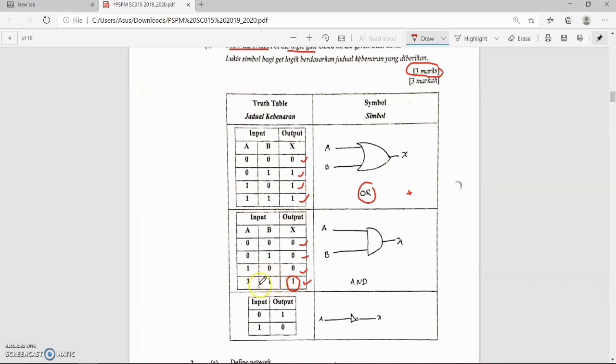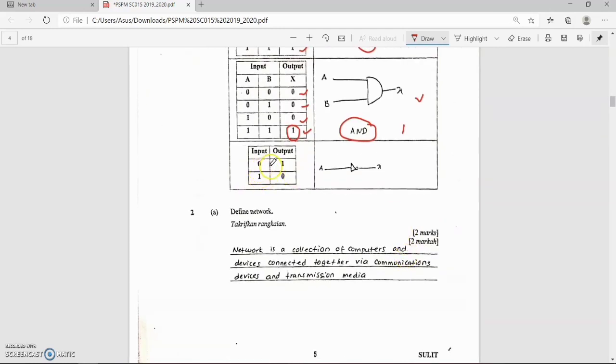I repeat again, it produces true only when all inputs are true. Okay, so this one is AND gate. So draw the symbol. Okay, this one 0 becomes 1, 1 becomes 0. So this one is NOT gate. Okay, so you have to draw the symbol.